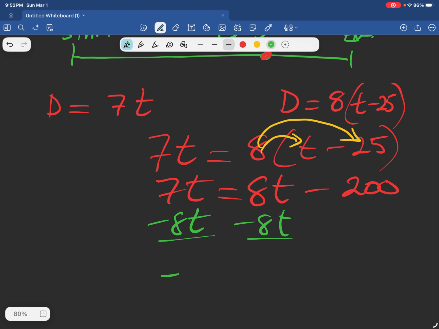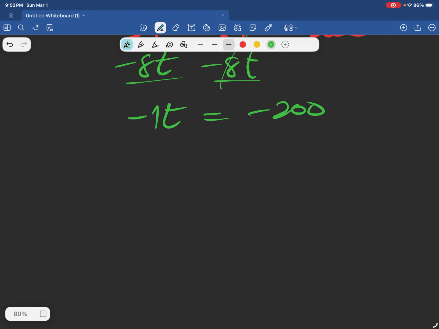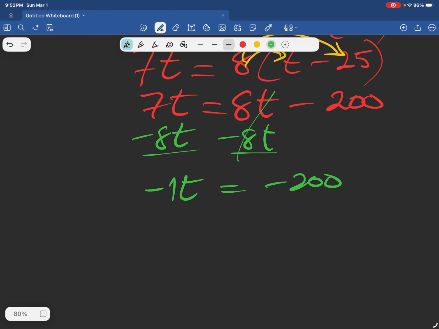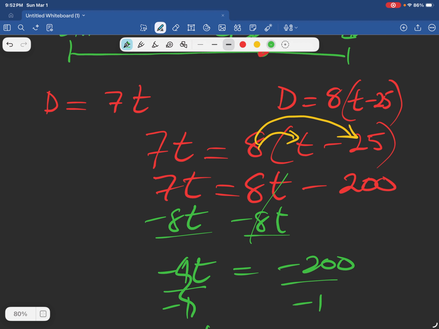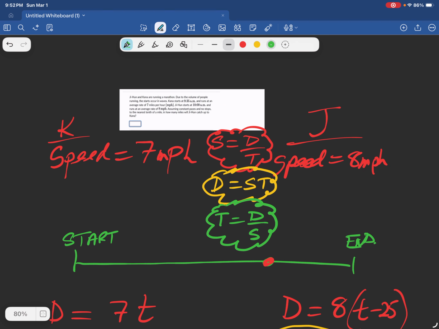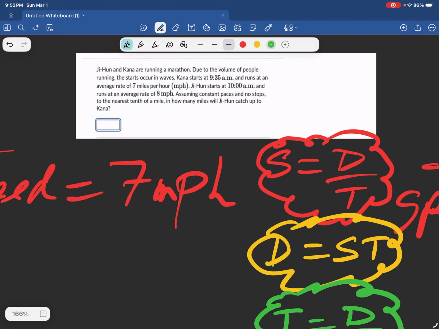We end up with negative 1t equals negative 200, of which we divide by a negative 1, and we get time is 200 minutes. It took 200 minutes for the person going faster to catch up to the person going more slowly, even though the person going more slowly had gotten a 25-minute jump.